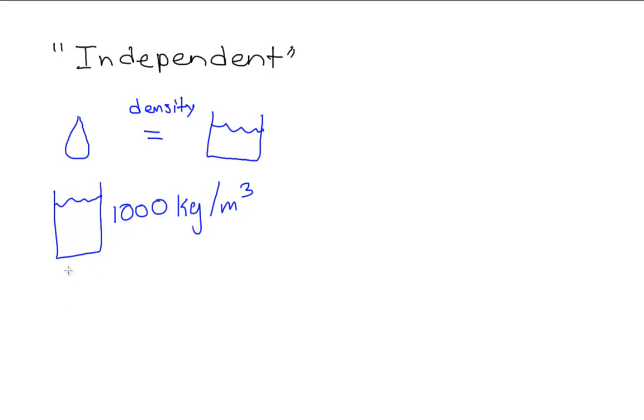By taking a known volume of this water and weighing it, we can use this formula to figure out its density, and then from that we can tell if something's been mixed in or not. If we figure out that the density is greater than 1,000 kilograms per meter cubed, then we know for sure that something must have been mixed in.